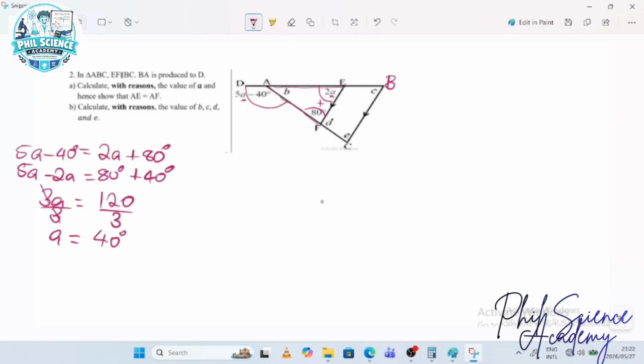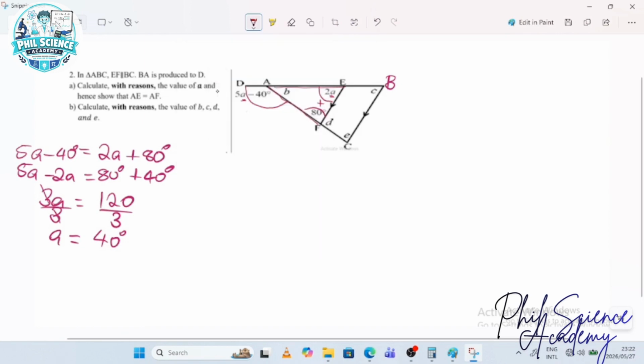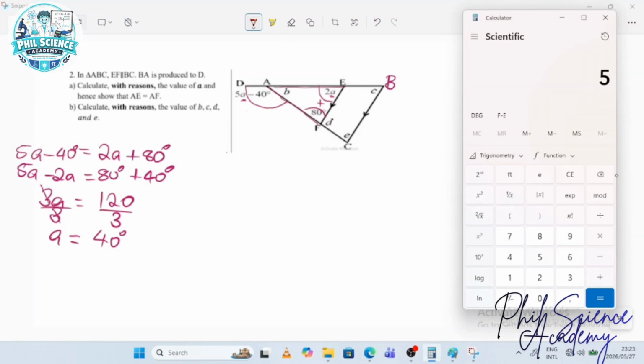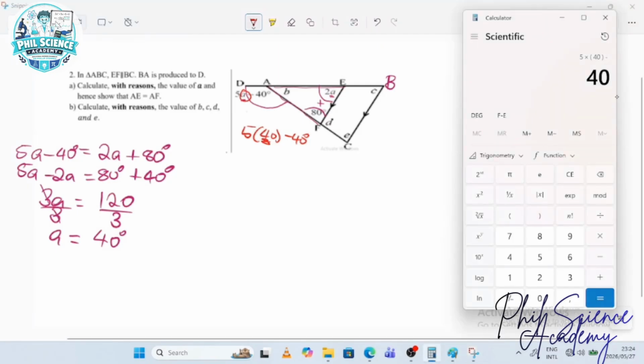Now we are going to substitute. Where there is A, we'll put 40 degrees. We'll punch this on a calculator: 5 inside the brackets, where there is A we put 40 degrees, closing the bracket, minus 40 degrees. That gives us 160.